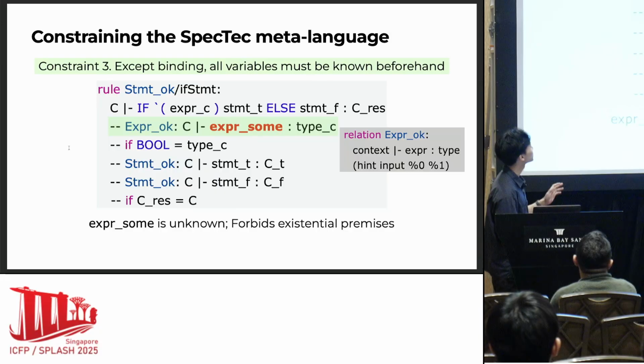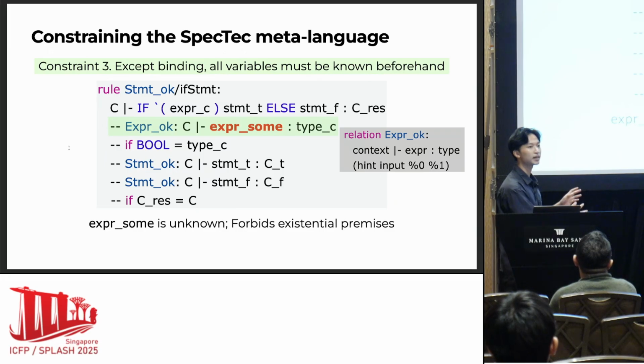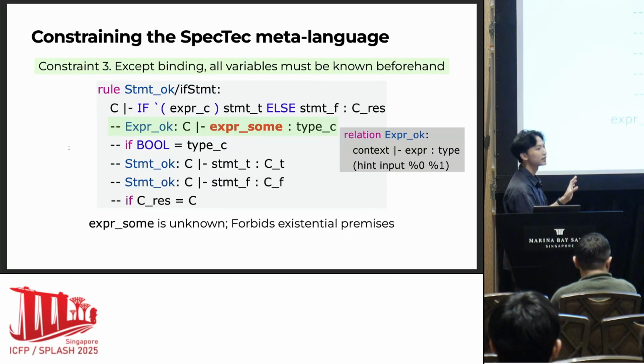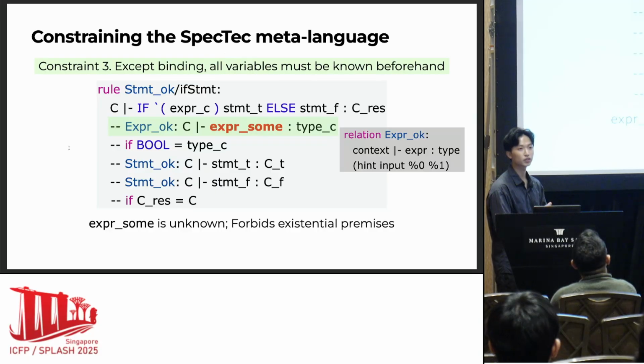So for example, say we put an unknown variable expression sum at the input site of the relation being invoked. P4-SpecTec would reject this spec model because the data flow here is unclear. So by this, we are essentially forbidding existential premises from appearing in our specification.